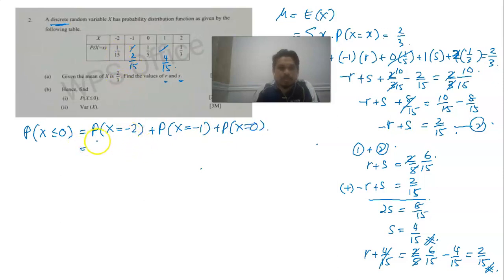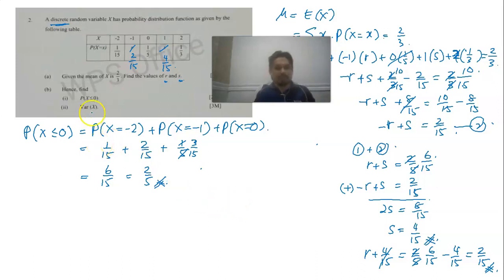So then it is now 1 over 15 plus 2 over 15 plus 1 over 5. Make this as 15 here. 5 times 3 equal to 15, so 1 times 3 equal to 3. So 1 plus 2 equal to 3, plus 3 equal to 6 over 15. Or divide by 3 and 3, 2 over 5.